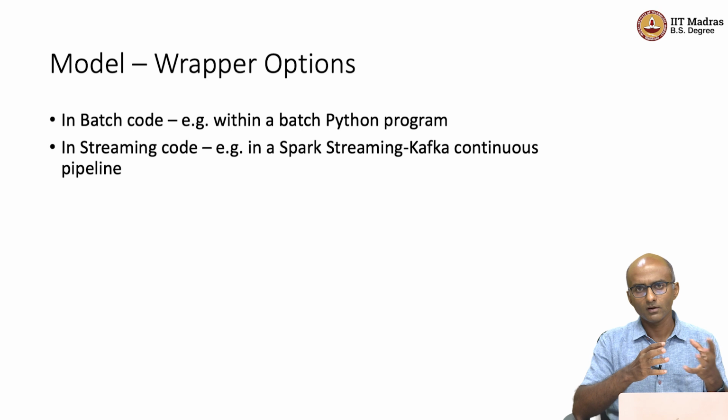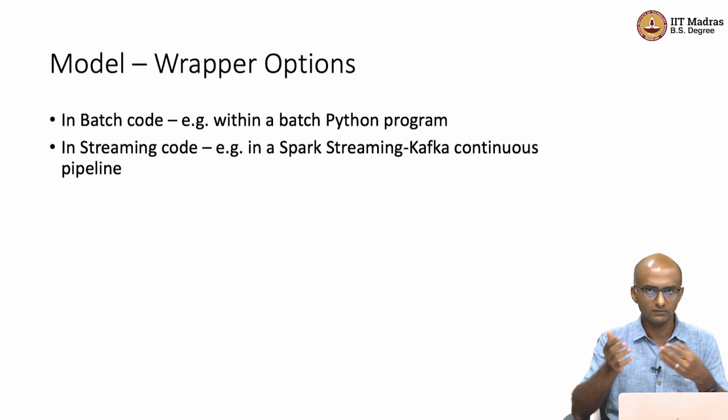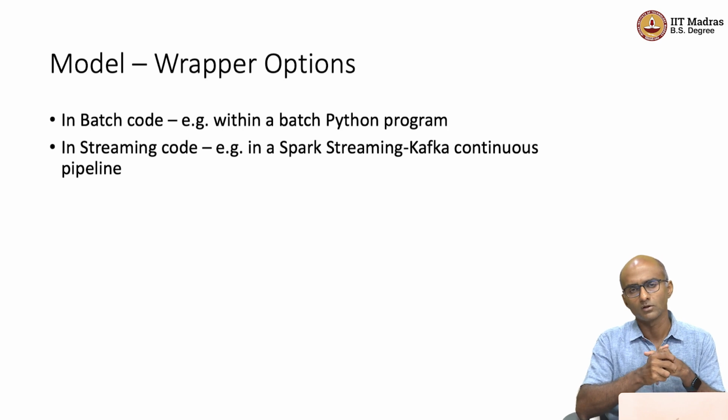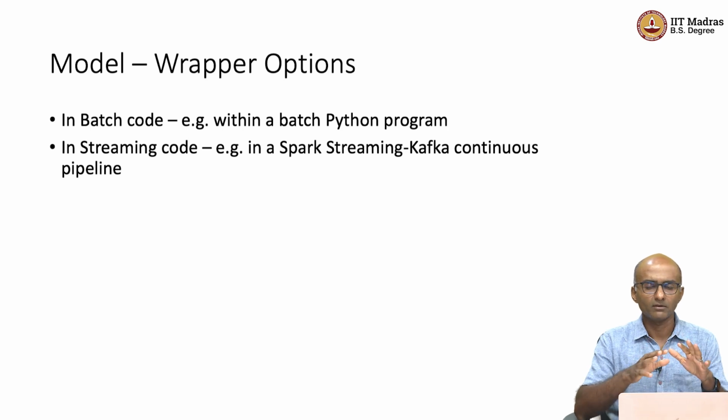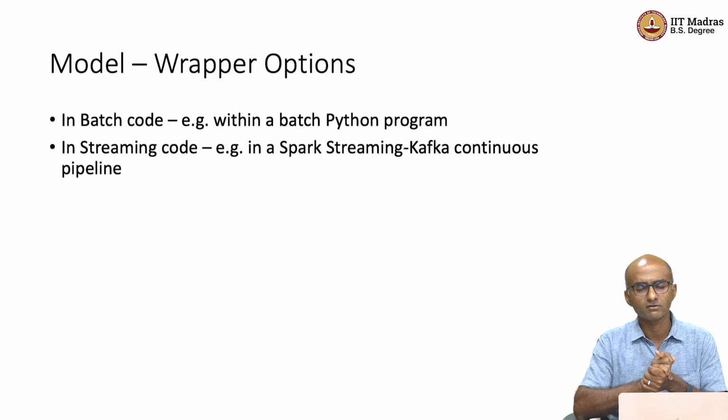Whereas in the streaming code, you would need to work with specific streaming libraries, like for instance, the combination of Spark streaming with Kafka, and then within that streaming library, you would then execute the model code and use that for streaming predictions. The details of the streaming code implementation of how models get invoked are too advanced for this course, and not directly related to the objectives of this course.